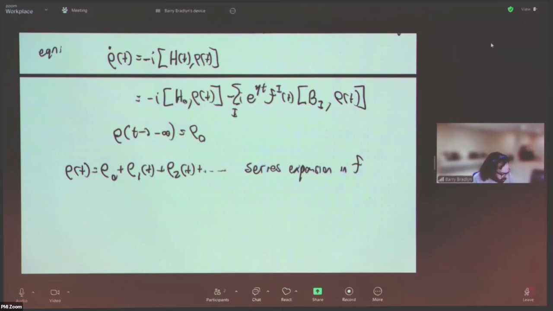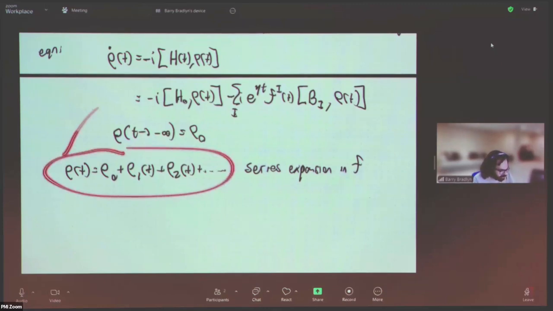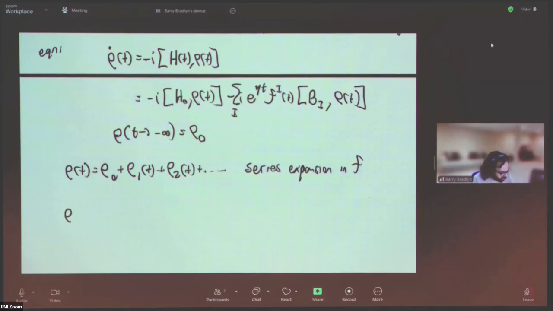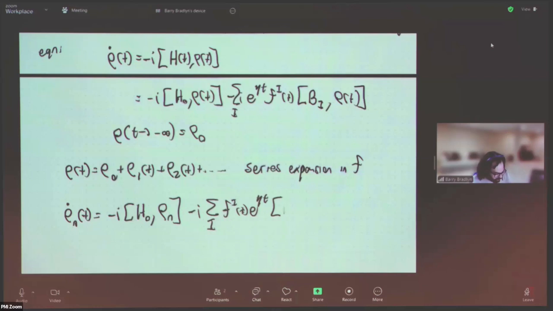So in particular, we insert this expansion into our Schrodinger equation. We find that rho sub n dot of t is equal to minus I commutator of h naught with rho sub n. And then we have our perturbation. Because the perturbation is linear in f, the nth order term in the Schrodinger equation here has rho of n minus 1 of t.